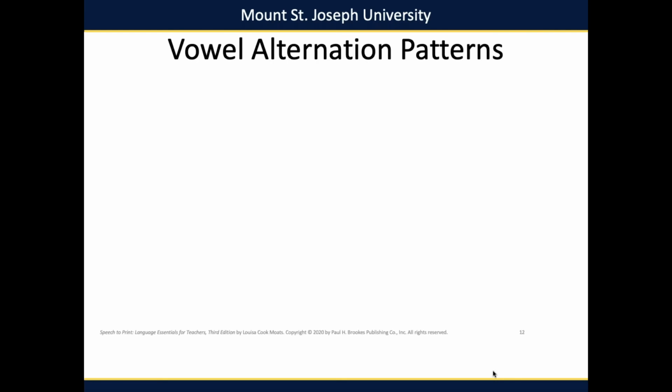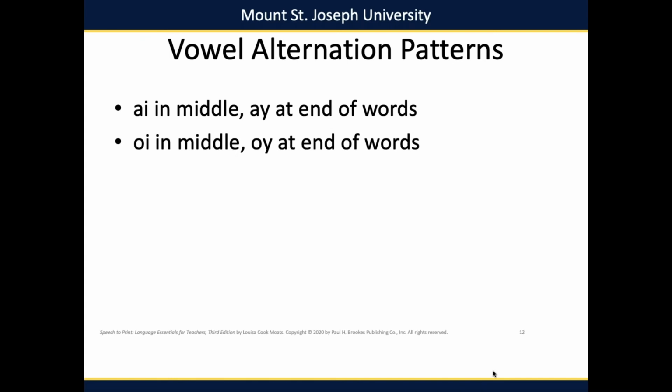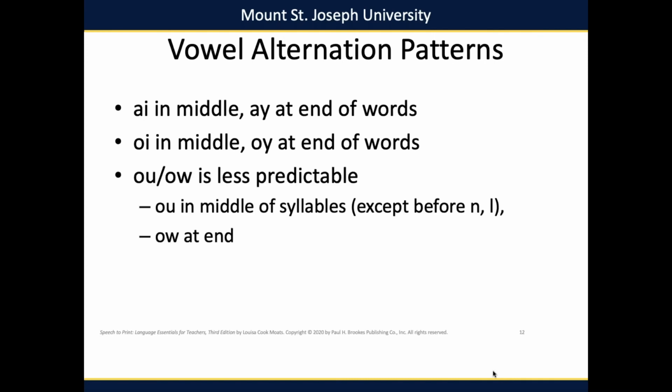There are some patterns related to vowel sound spellings. For example, AI in the middle of words, AY at the end of words, OI in the middle of words, OY at the end of words or syllables, and the use of OU or OW.